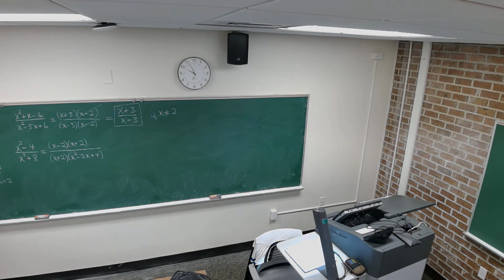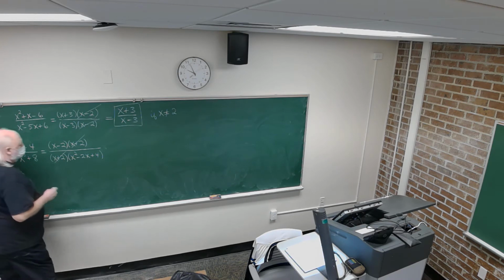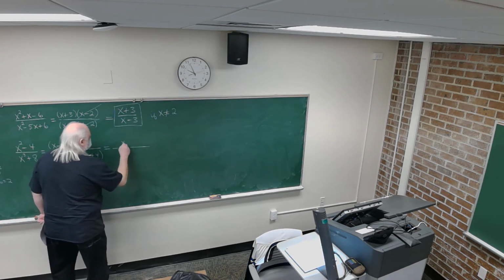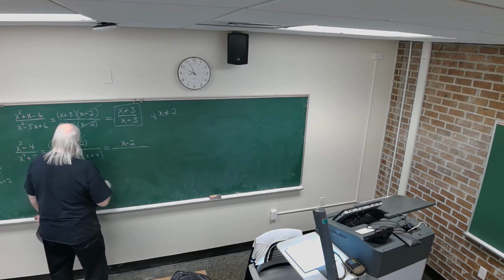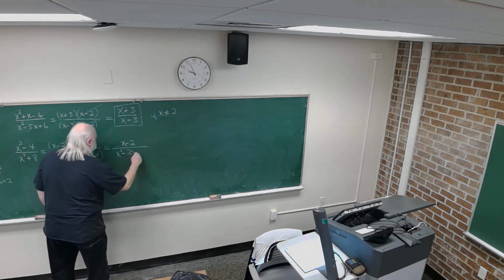And you can see that x plus 2 is a common factor in numerator and denominator. And we're left with x minus 2 in the numerator over x squared minus 2x plus 4 in the denominator.